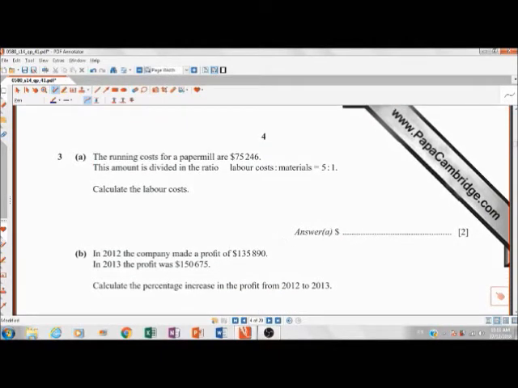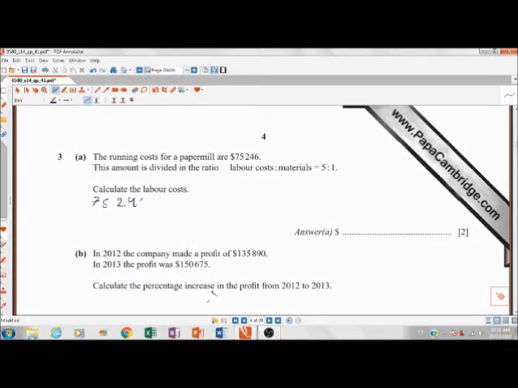So question 3. The running costs for a paper mill are $75,246. The amount is divided into the ratio labor cost to materials, 5:1. So this is a ratio question. First, we have to find what one part equals. 5 plus 1 is 6.